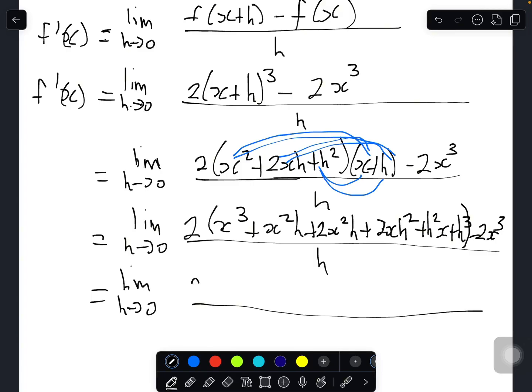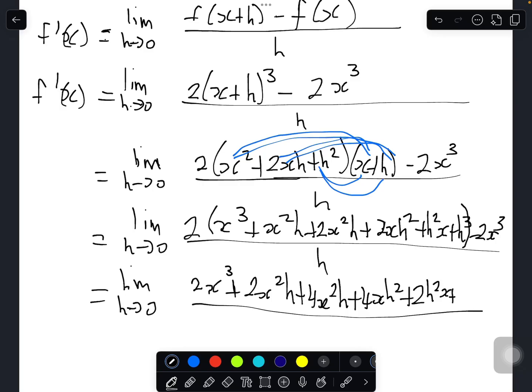When I multiply now by this 2, I have 2x to the power 3 plus 2x squared h plus 4x squared h plus 4xh squared plus 2h squared x plus 2h to the 3, all minus 2x to the power 3, and this is all going to be over h.